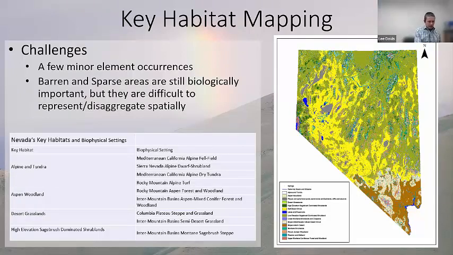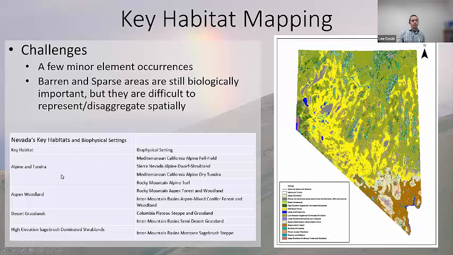Our basic workflow here was exporting the table from ArcGIS and doing the crosswalk in Excel, because it's very easy to work there. I don't have to use an Arc editing session, for instance, and I can add new columns. So essentially, it's going into Excel, adding a new column for our key habitat, and doing a one-to-one crosswalk.